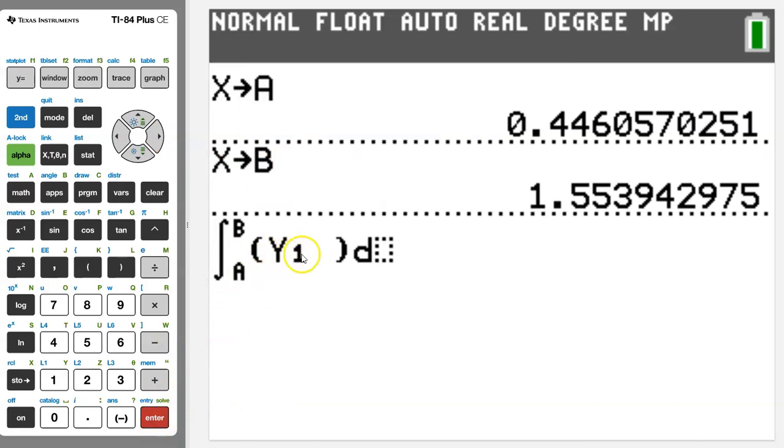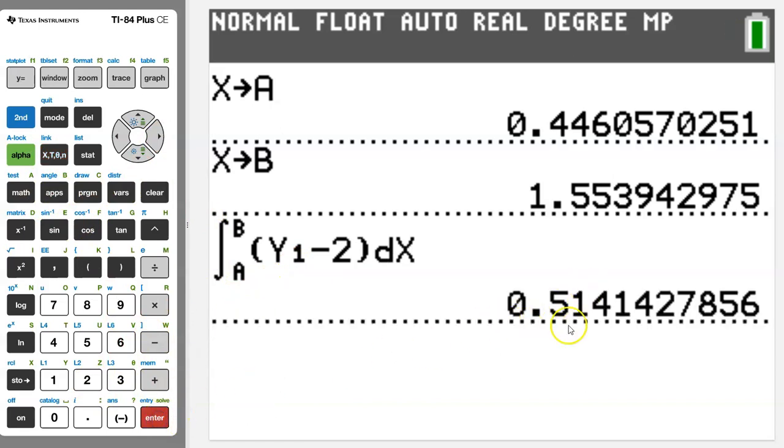You're welcome just to type in the whole function, e to the 2x minus x squared, instead of doing what I just did. That's fine. So minus 2, and then dx, and that's it. So this is the area, 0.514.